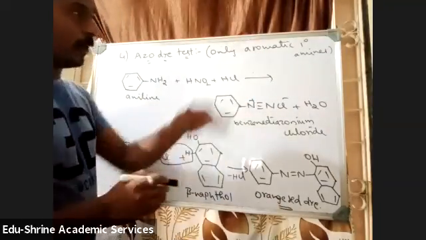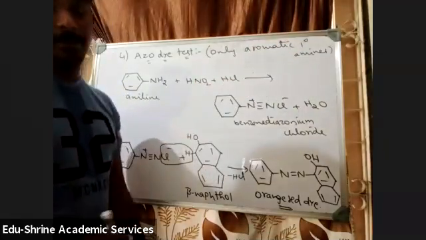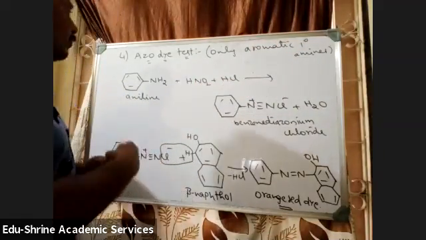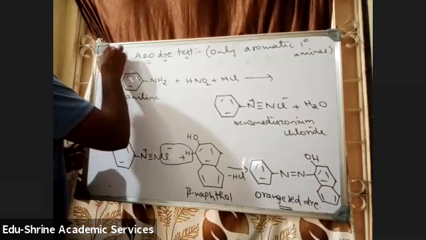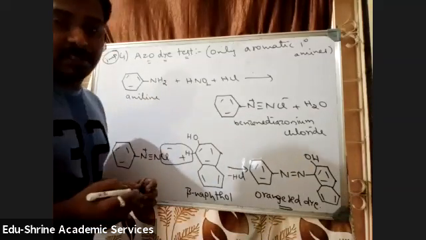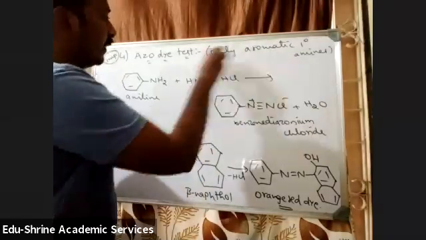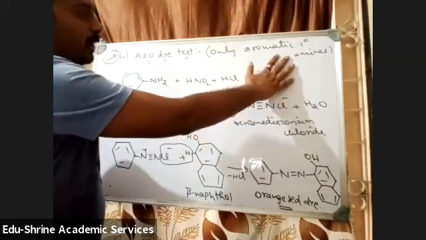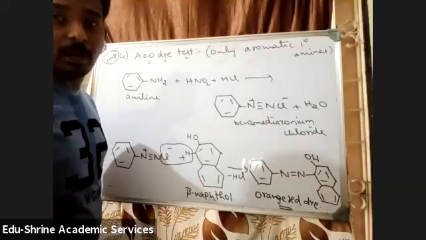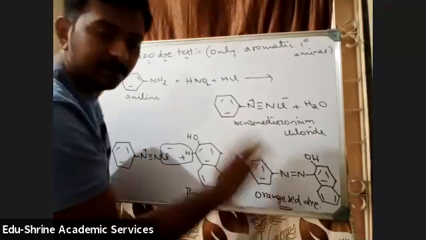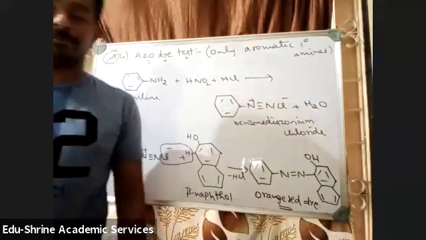So only for aromatic primary amines this test is done. This test is important for entrance exams. No need to remember the reactions, just remember which amines give which test. Aromatic primary amines give the azo dye test, and the confirmation is that an orange red dye is formed.